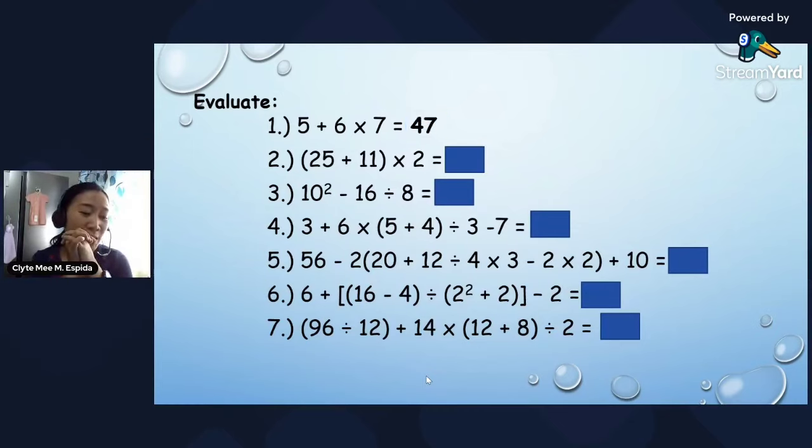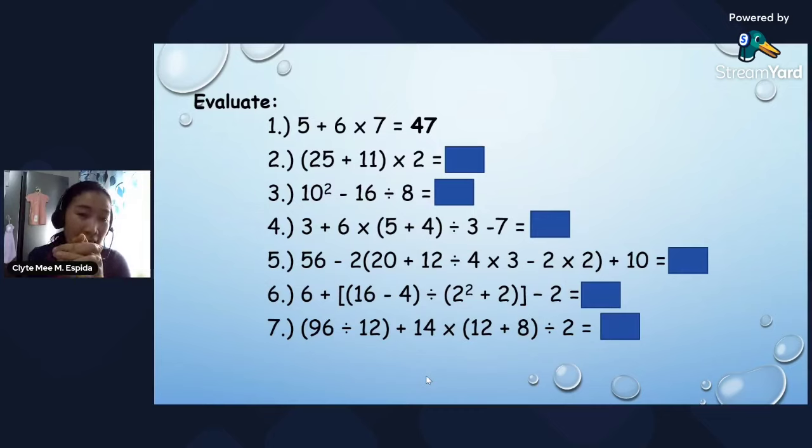Okay, I'm going to explain. Based on GEMDAS, multiplication comes first before addition. So we're going to multiply 6 and 7 first before we add it to 5. So 6 times 7 is 42 plus 5 is 47.